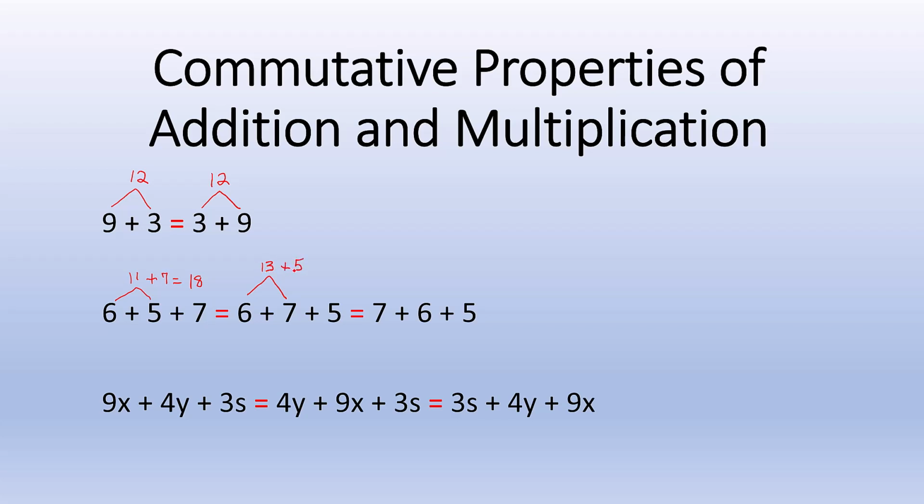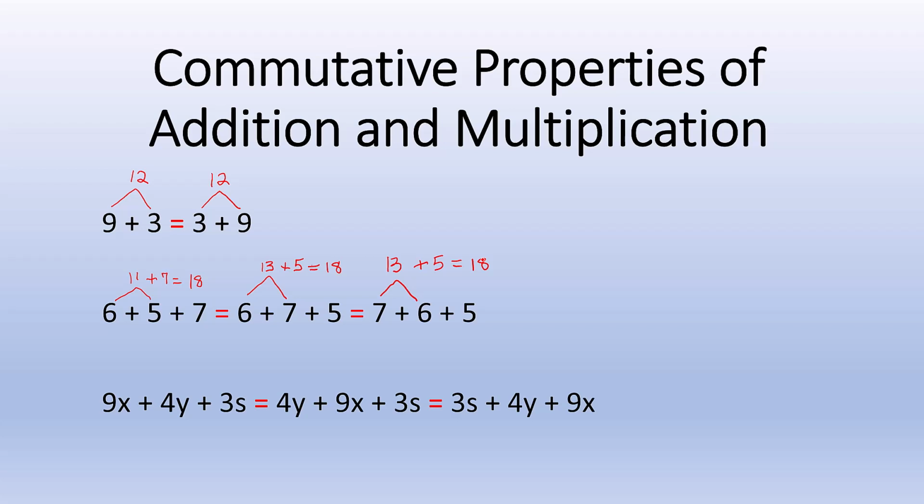And then when I add 5 to it, it also gives me 18. And then in the final example, 7 plus 6 gives me 13. And again, if I add 5 to 13, I get 18. So all of these, regardless of the position, would give me the same answer.